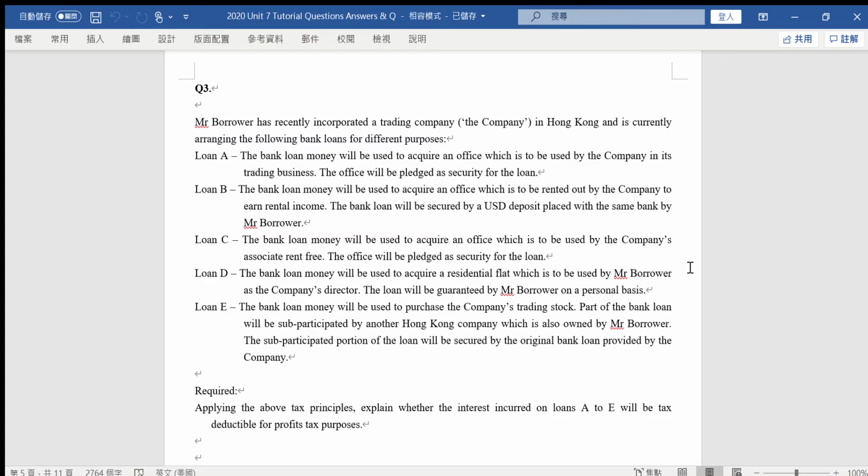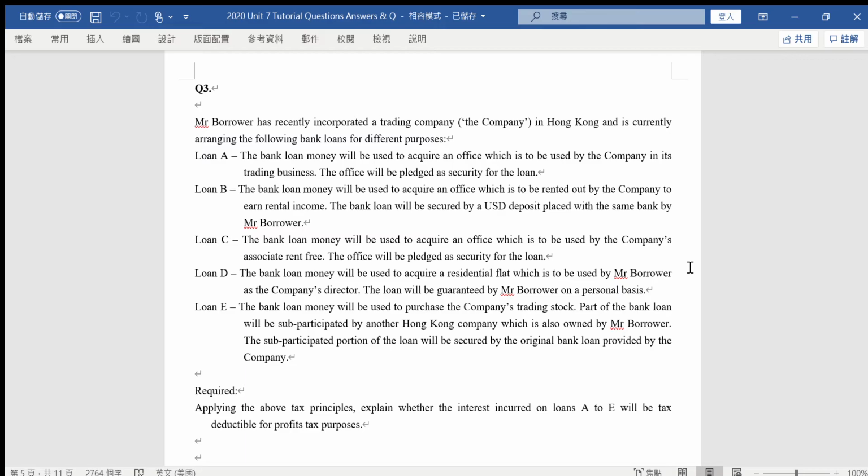Okay, because of that, it really depends on how much the deposit is being provided by Mr. Borrower. If the amount is smaller than the loan amount, then the interest Mr. Borrower received is tax-free. Okay, assume that it's tax-free because it's an individual receiving interest out of a deposit, and then that will not be subject to Hong Kong profits tax.